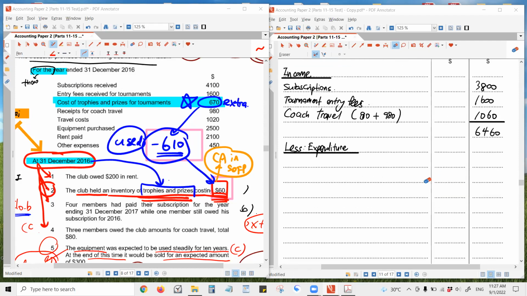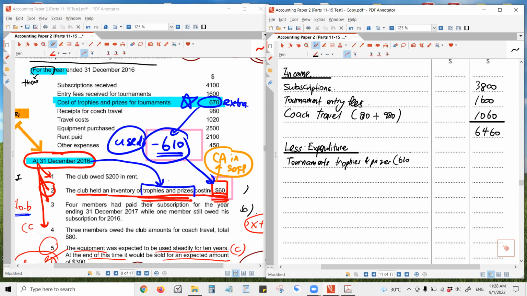Okay, so right here, tournaments, trophies and prizes. You can write it this way. The amount you have to present is 610.